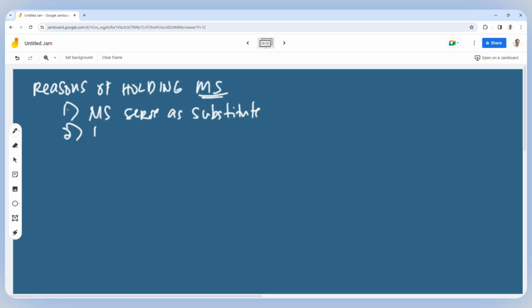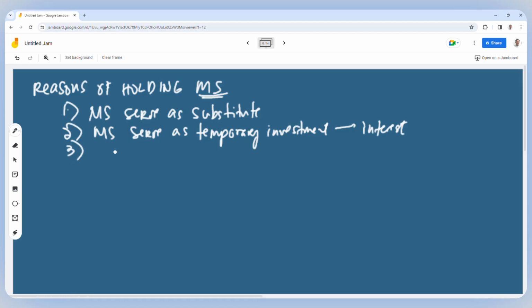And number two, your MS naman, alright, will serve as a temporary investment. Alright? Temporary investment. Okay? That yield return. Again, interest na naman yung ating goal dito, no? And number three, cash is invested in MS to meet, okay? Of course, yung ating cash ay to be invested sa ating MS or securities para magkaroon tayong pagbabayad sa ating financial obligations. Diba? Para siyang tinatawag nating reserves.